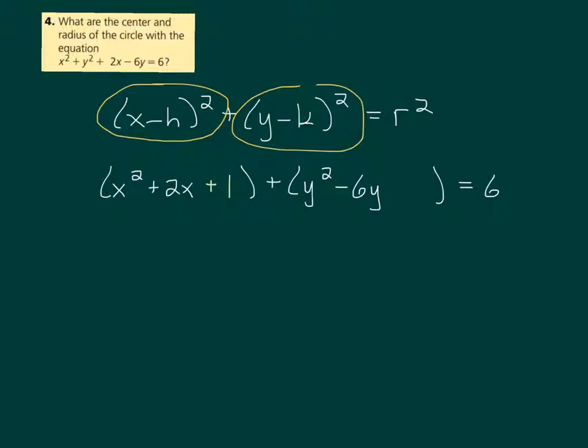In the y, take this, divide by 2, and square it, you get plus 9. To keep things balanced we add 10 over here, right? We added 10. So on the right side we add 10. So we get (x + 1)² + (y - 3)² = 16.